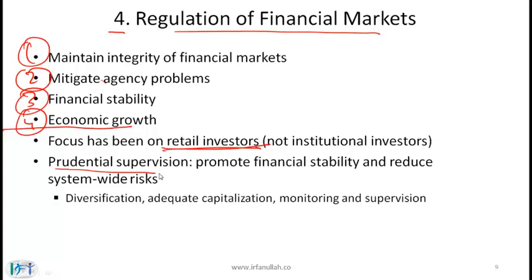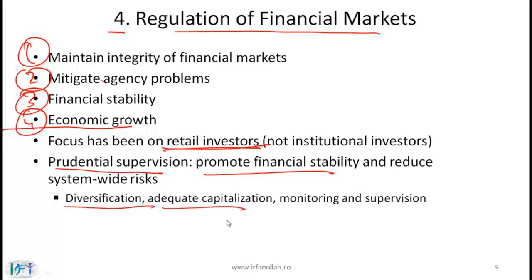Prudential supervision, I have alluded to this earlier. This refers to the concept that regulators want to promote financial stability and reduce system-wide risk. Now, how do regulators try to do that? Generally through diversification of assets, through adequate capitalization. This means that entities such as banks and other financial institutions are forced to have a certain minimum level of capital.